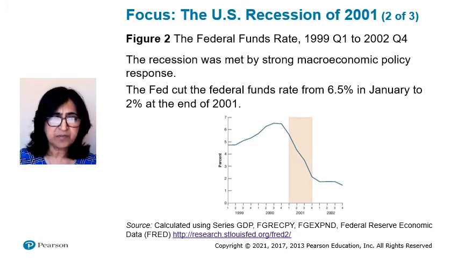The estimated federal funds rate in the 4 quarters of the year 2001 is as follows. Quarter 1, 5.7%. Quarter 2, 4.4%. Quarter 3, 3.6%. Quarter 4, 2.2%. The estimated federal funds rate in the 1st quarter of the year 2002 is as follows. Quarter 1, 1.8%.